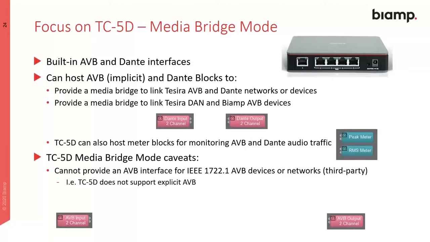You directly connect an input and expansion mode, for example, into your server without the hassle of connecting inputs to output, without a third-party software to connect input to output. But if you need explicit AVB from Biamp, then in this case you will need to have a third-party AVB normal switch, not the TC5D or the TC5.